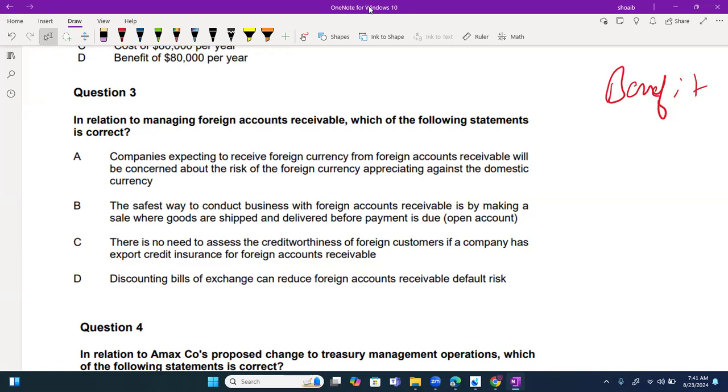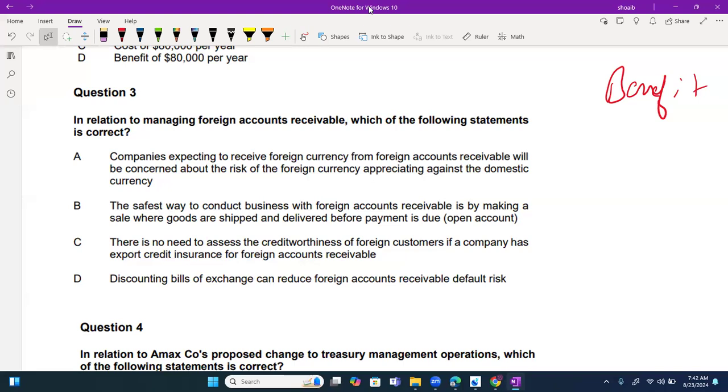For example, you are a freelancer. You are sitting in Pakistan. Currently, you have done the assignment of $100. Currently, there is a rate of 280 rupees per dollar. So if I send you $100, you will get 28,000. But if dollar moves to 300, you will get 30,000.